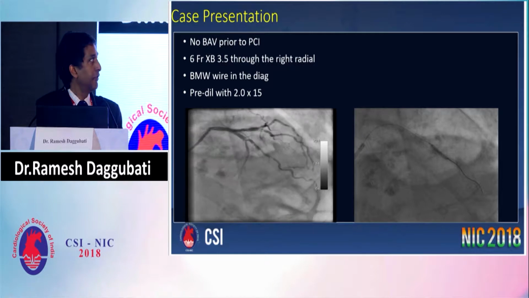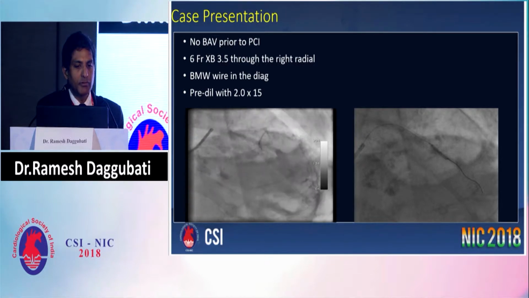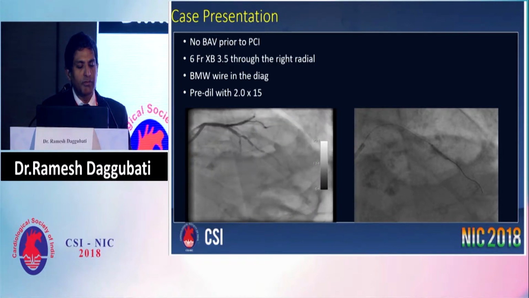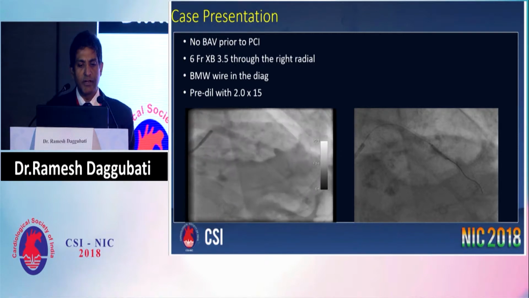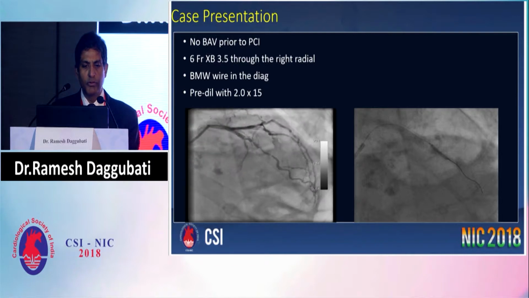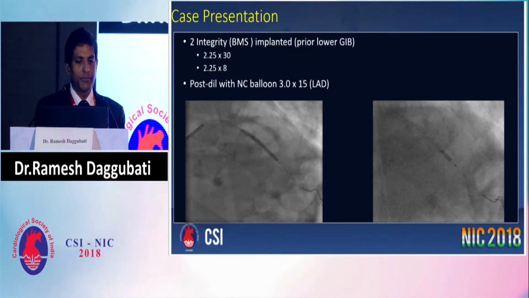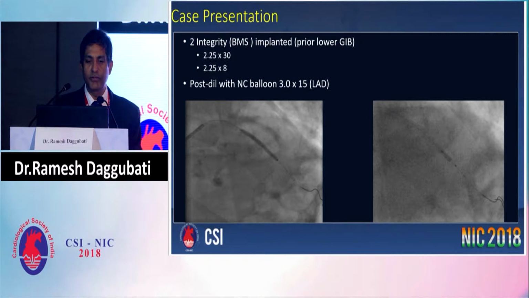So here in this patient, we didn't do any BAV prior to PCI. A 6-French XB 3.5 was used through the right radial, BMW wire in the diagonal, pre-dilated with a 2.0 by 15 balloon. And 2 Integrity bare metal stents were implanted because of the history of GI bleed.